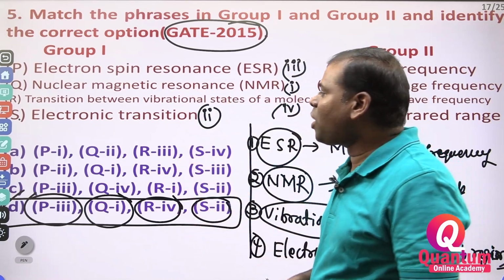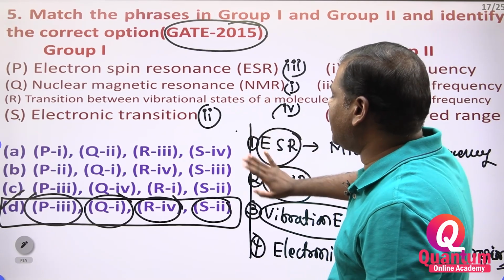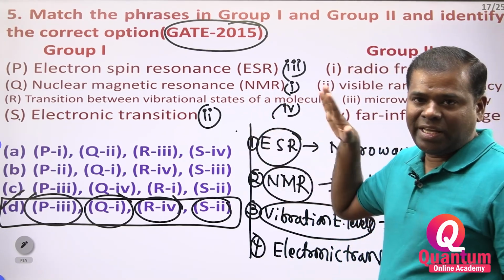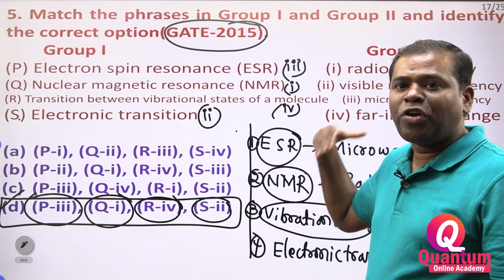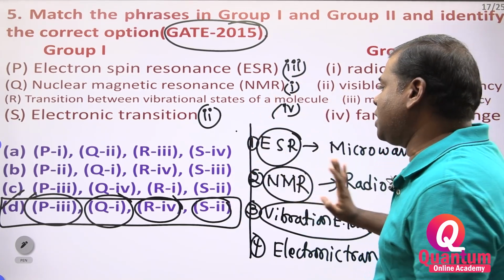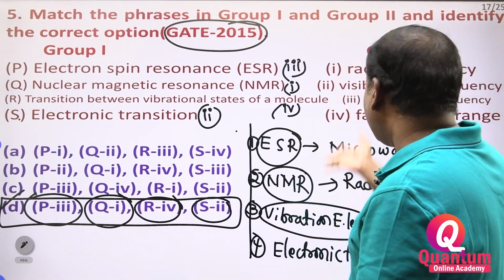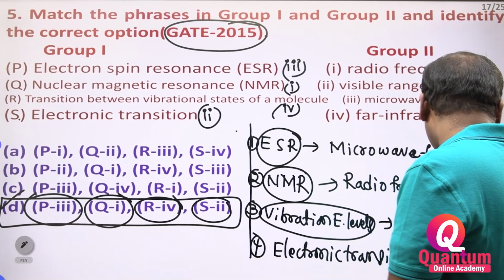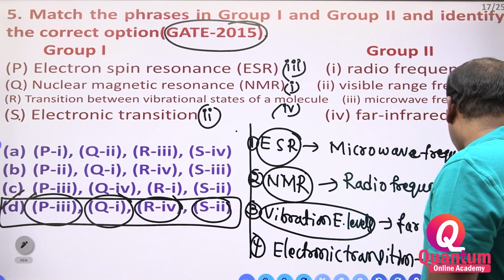Like this only they are asking questions all these days. This area from spectra, ESR, NMR, X-ray, EPR, from those spectra we are asking this type of question. This is question number 5. Easily we will get the 5 marks. In the GATE examination they asked this in 2015.